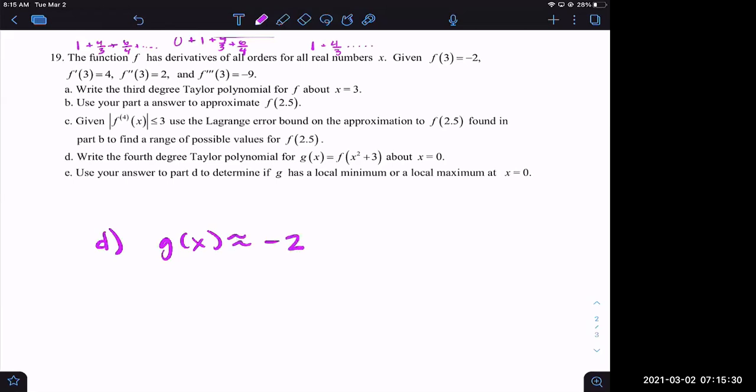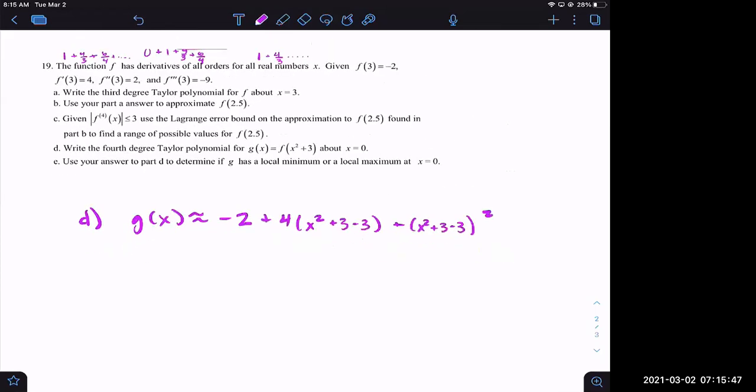G of x is... I'm writing it out like this so you can see the pattern. Oh, I guess then they did simplify. Okay, so here's our G of x function.